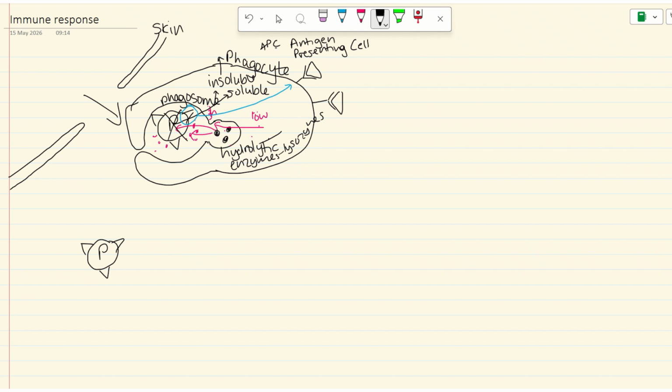Now this is very important because we need the very specific antigens of this pathogen in the system, because we want to destroy that particular pathogen, and that's the only way we're going to recognize it. The only way we're going to know that that pathogen is there to be destroyed is by identifying that it has those specific antigens on it.